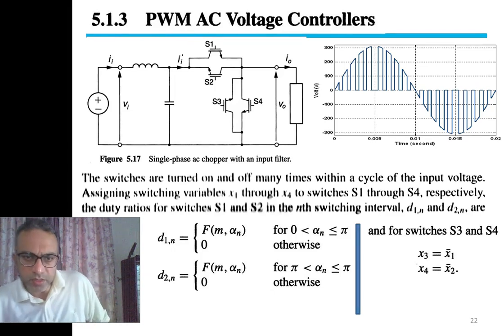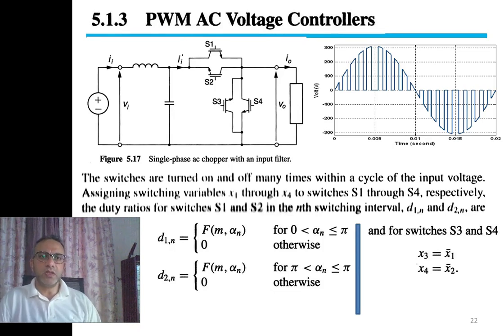Now, the switches S1, S2, S3, S4 are turned on and off many times within a cycle of the input voltage. The duty ratio of S1 and S2 and any power switch can be defined by these two equations.